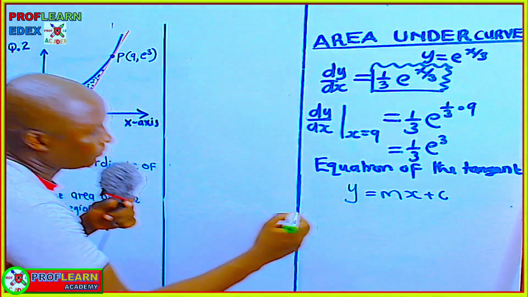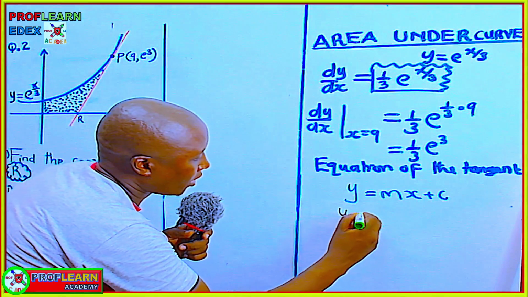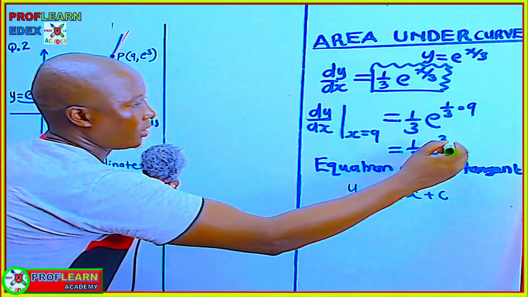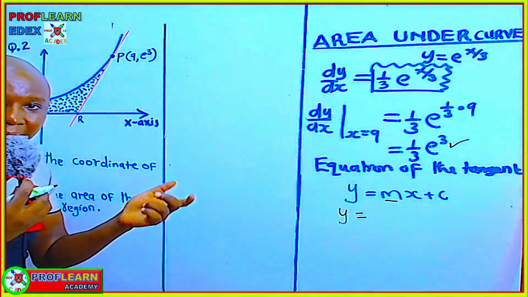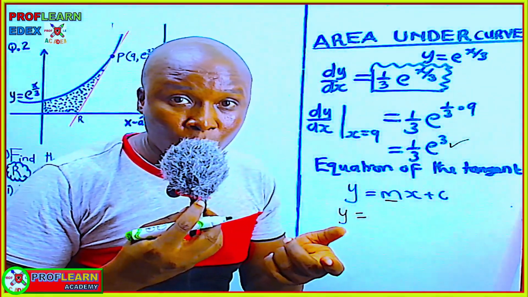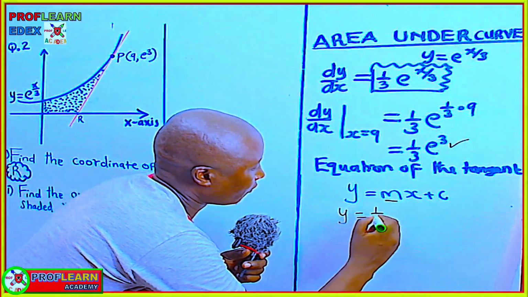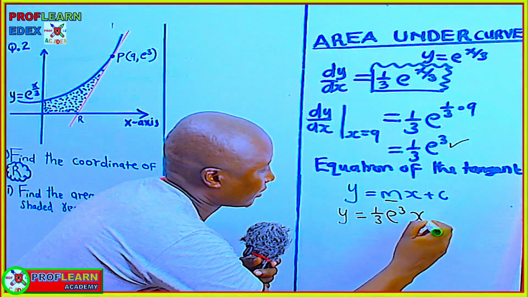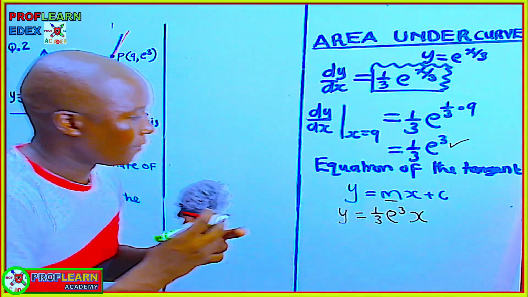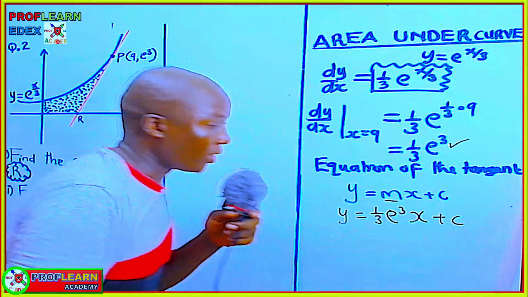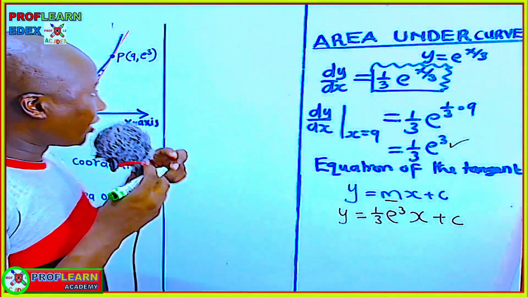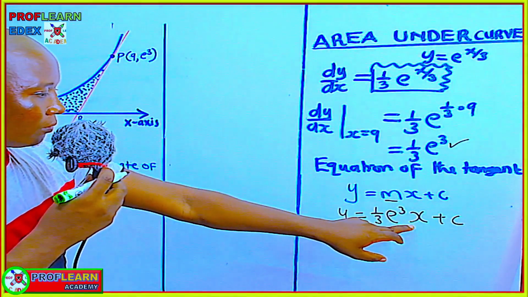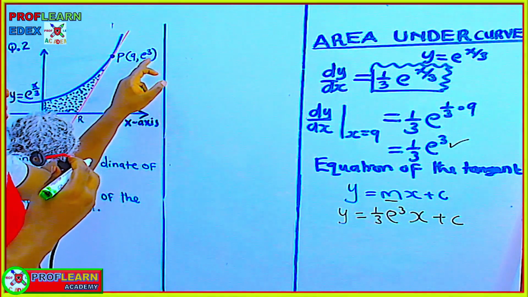So this equation will be of the form y = the gradient, because the gradient of the curve and the gradient of the tangent are equal, so y = 1/3 e^3 x + c. In order to find c, we substitute x = 9 and y = e^3 into this equation.